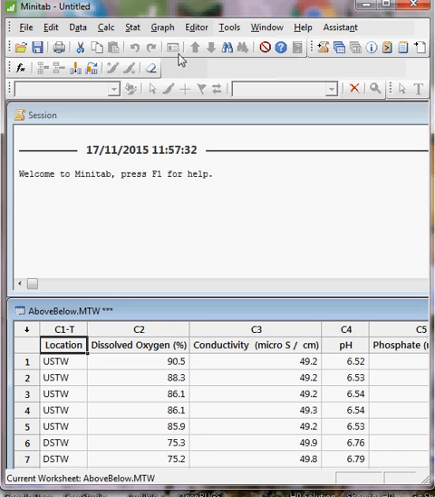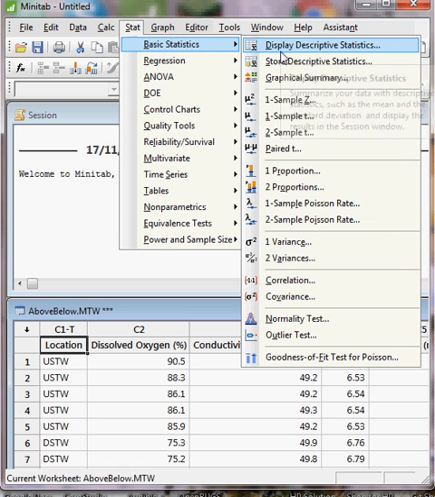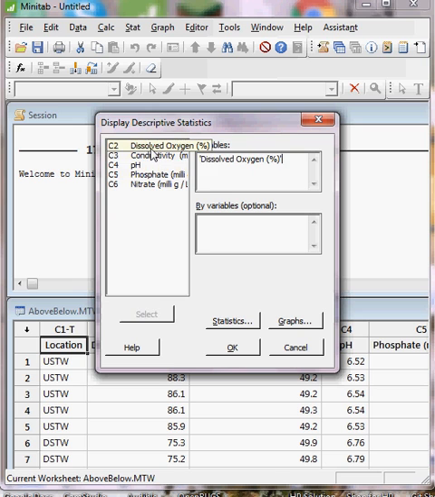So again, first thing we might want to do is just do a little check of the data we've got. So we'll display some descriptive statistics, and we will look at dissolved oxygen, and we'll look at it by location.